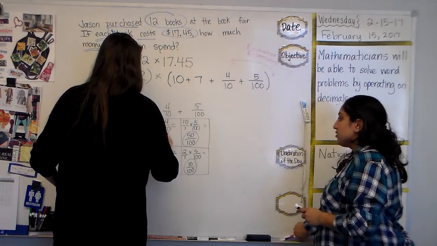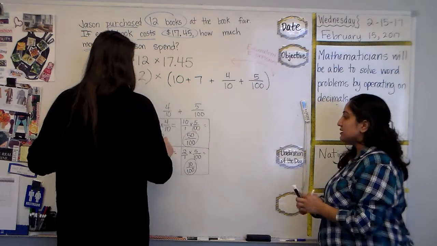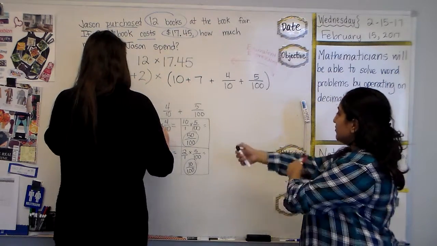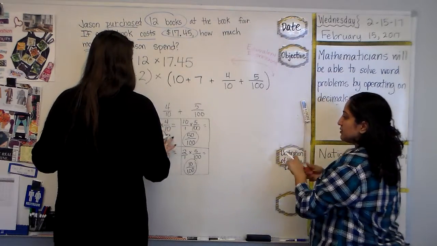And I think we can use the color red to rewrite each one as a decimal and then put it into a place value chart.